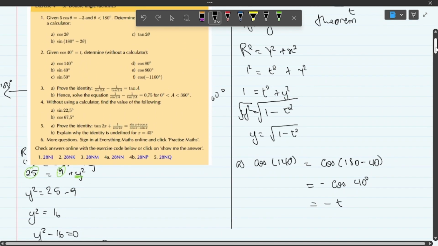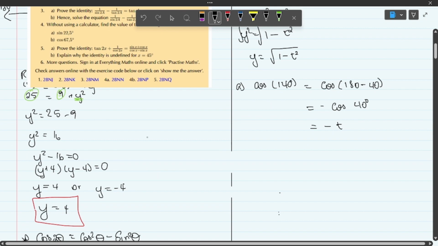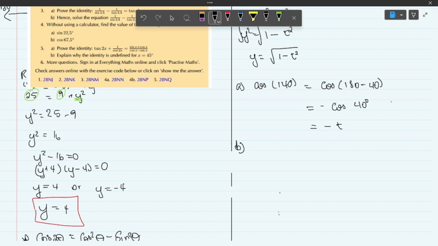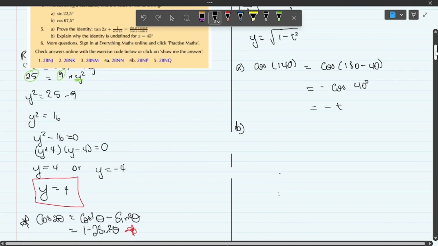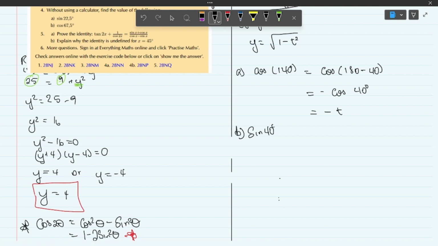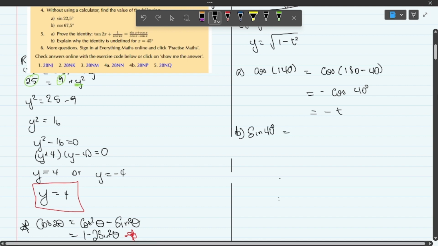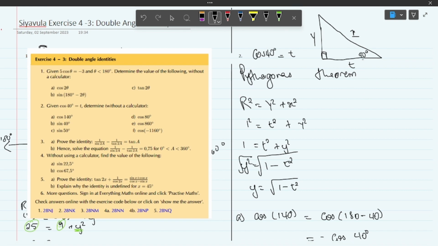And then number 2, which is b, is sine 40 degrees. So if this is 90 degrees and this is 40 degrees, you know that the sum of angles in a triangle is equal to 180.